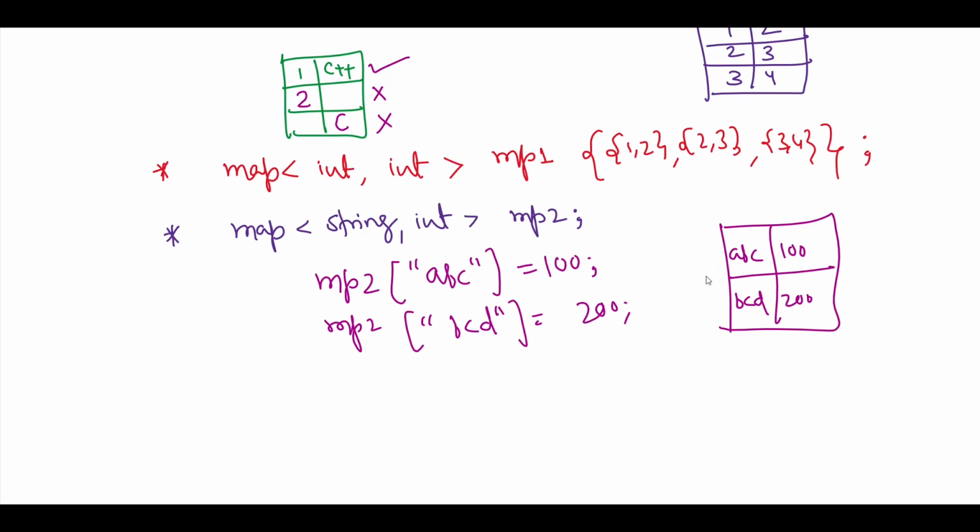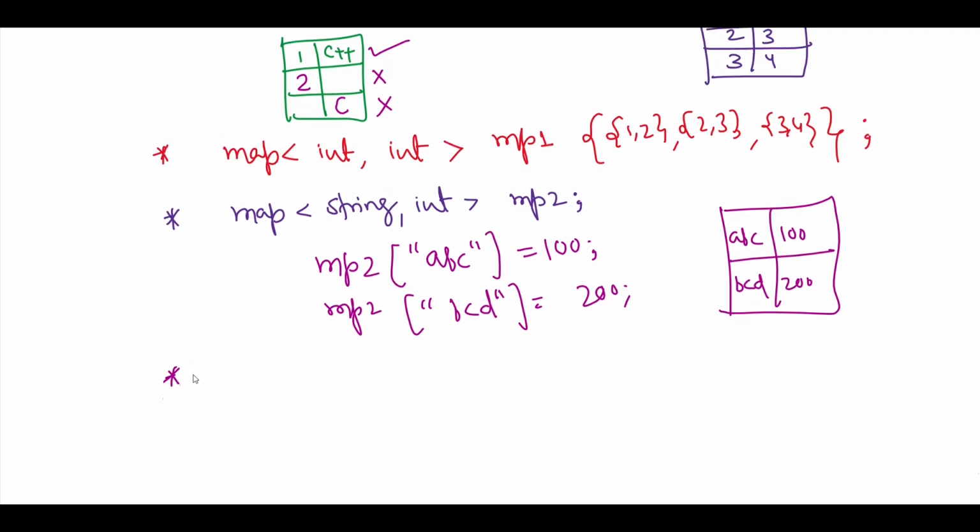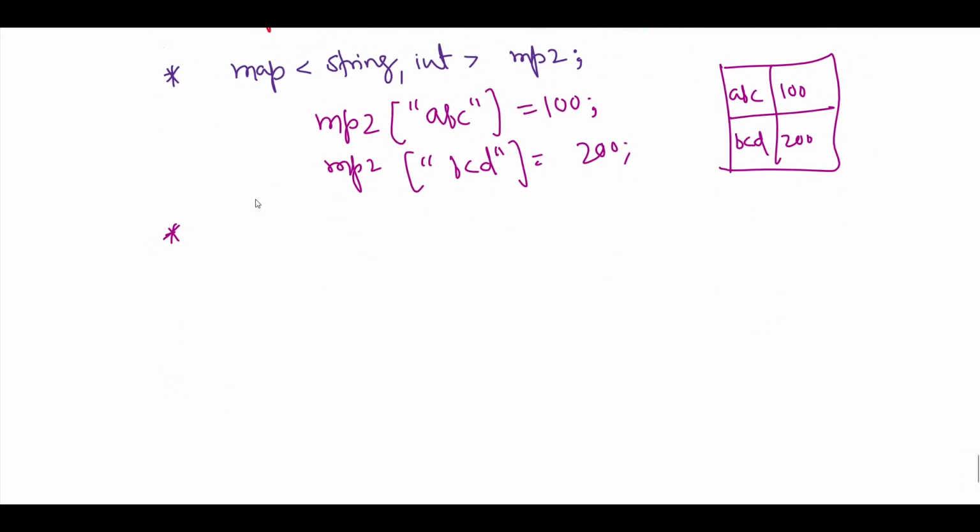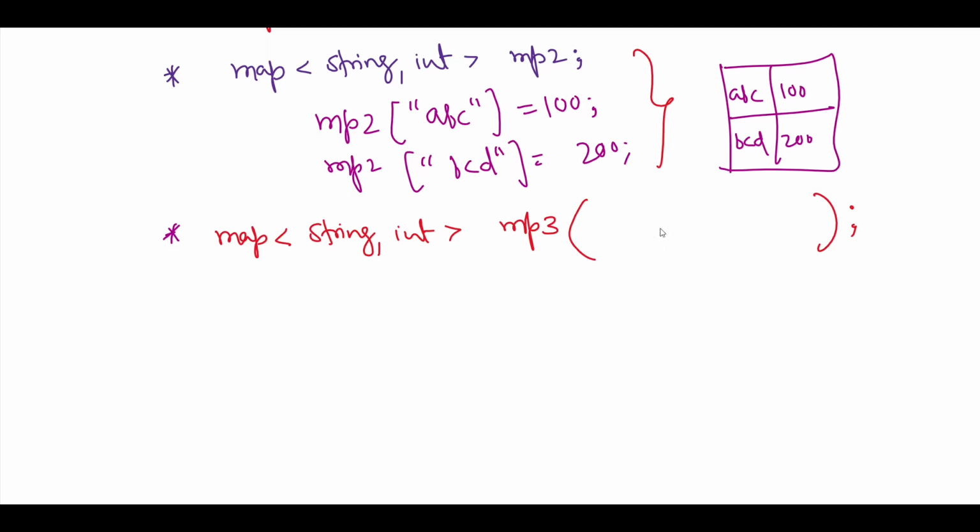Clear? So now you have seen we have created two maps here. There are some other ways to create maps. One thing you can do, you can create a map of string and int as you have done above. But in this case, I want to create mp3 variable which is same as mp2. So what I have to do, I have to pass two iterators here.